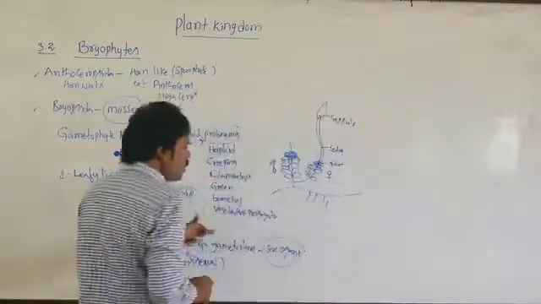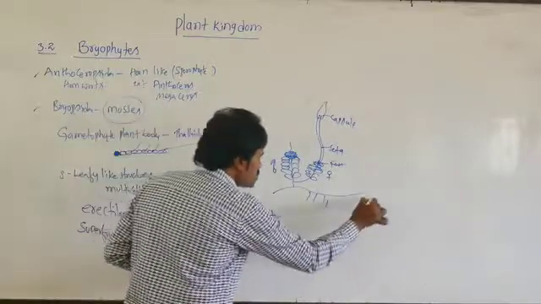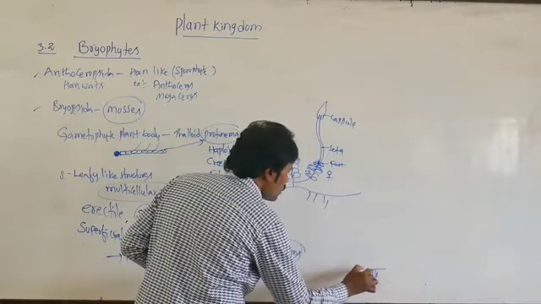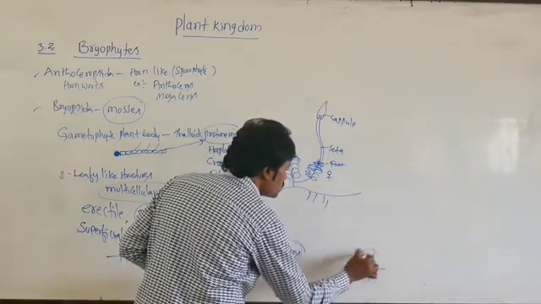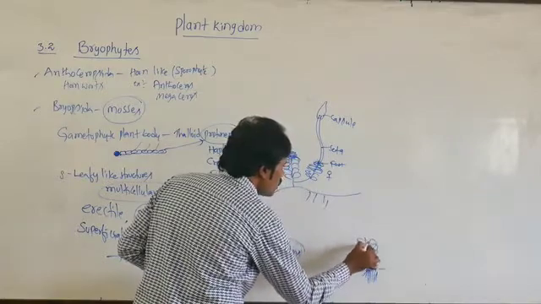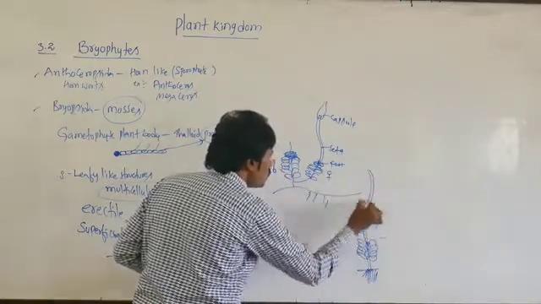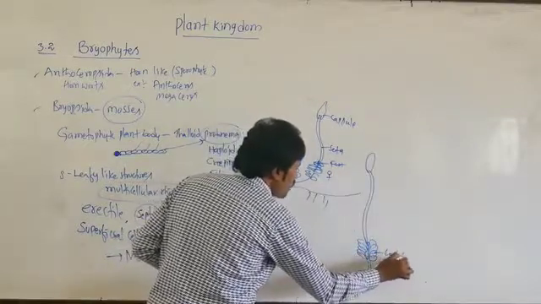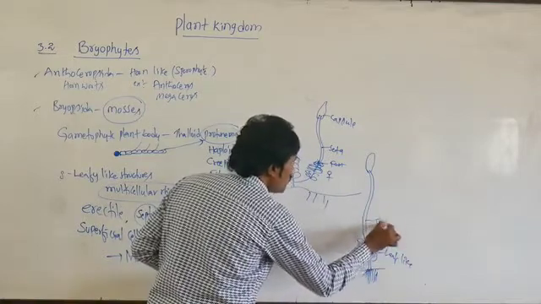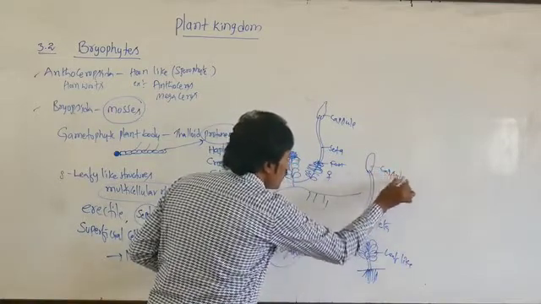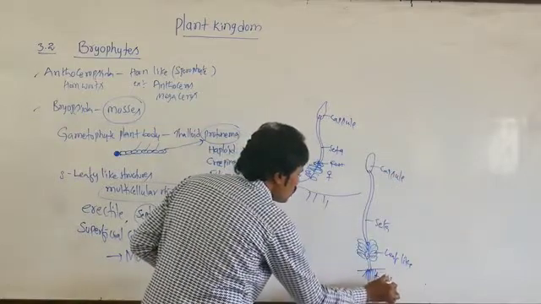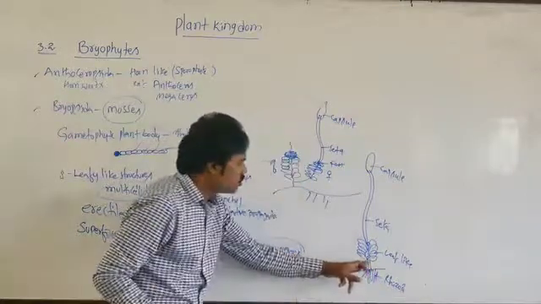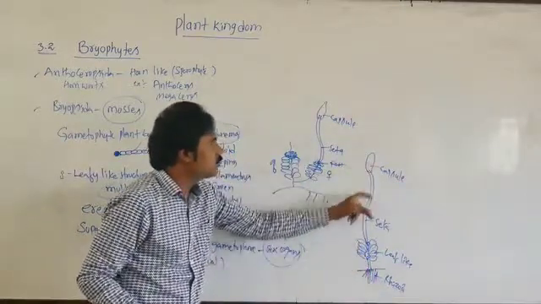We observe this very clearly in our textbook, where one example is given, with the leaf-like structures. This is the capsule, this is the seta, this is the rhizoid, this is the main axis with the leaf-like structures.